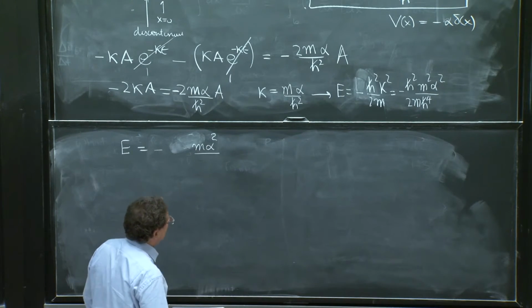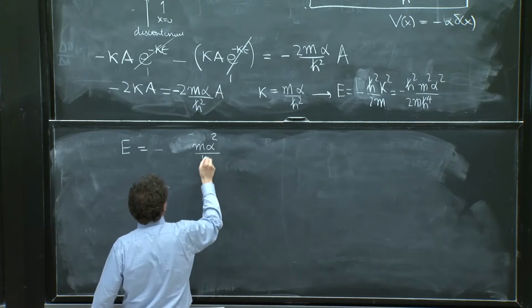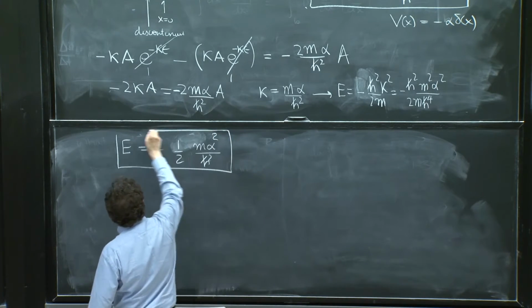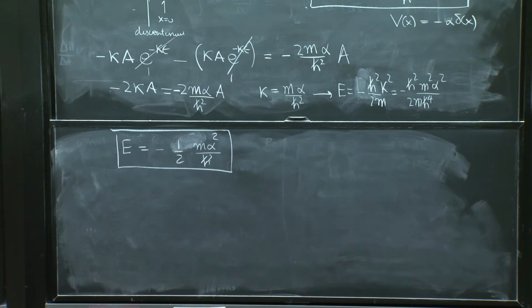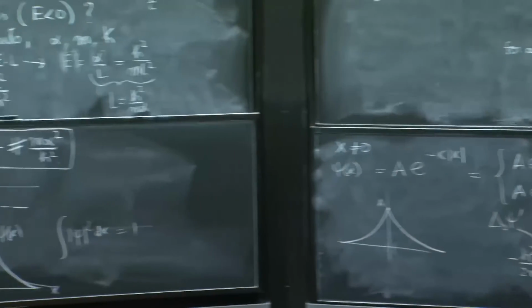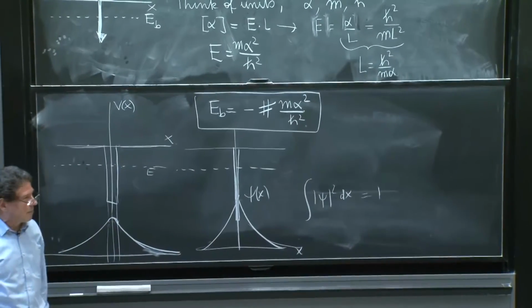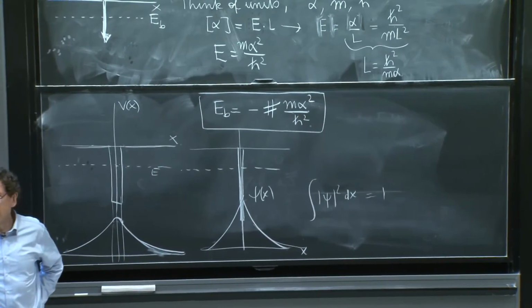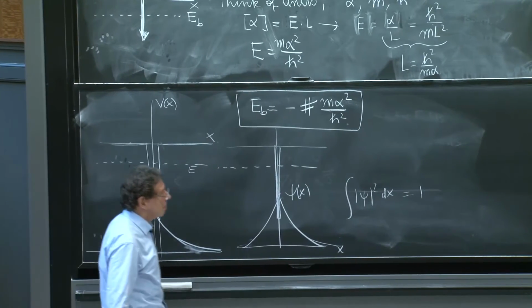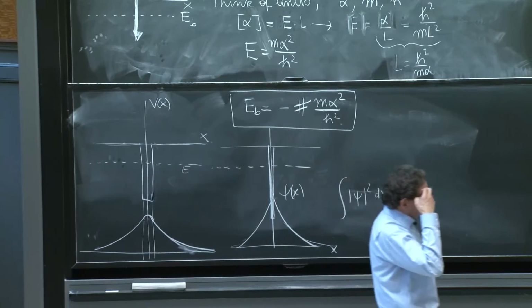The m cancels. So back here, the units worked out, everything is good, and the number was determined, this minus 1/2. That's your bound state energy for this problem.